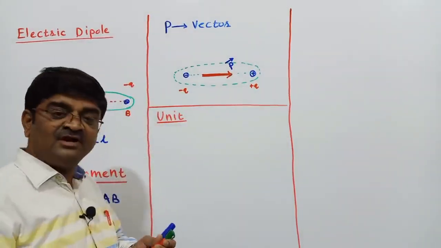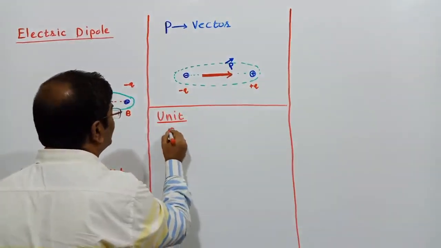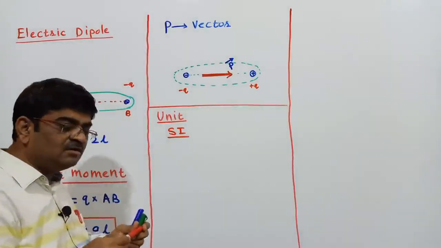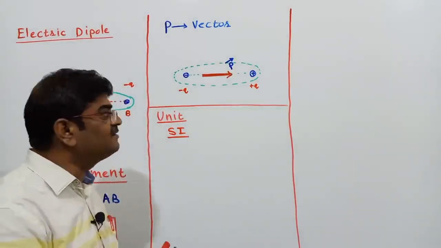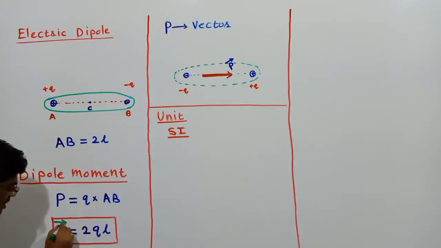If I wish to get the SI unit of the dipole moment, I just refer to the mathematical definition that I have got here. So what is that definition? P equals 2QL. Now, after getting to know it is a vector, if you want, you can have an arrow over it also. It's a vector quantity.